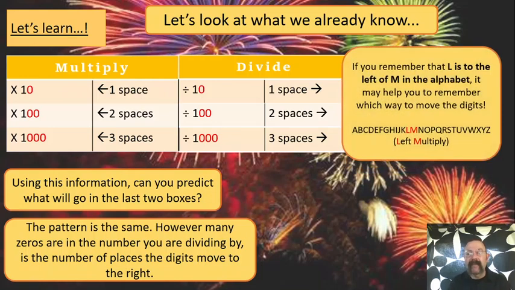Here's another little tip just to help you remember that. So if you remember that L, so L is for left, is to the left of M in the alphabet, it may help you to remember which way to move the digits. So there's the alphabet. Left, L is for multiplication, to multiply.